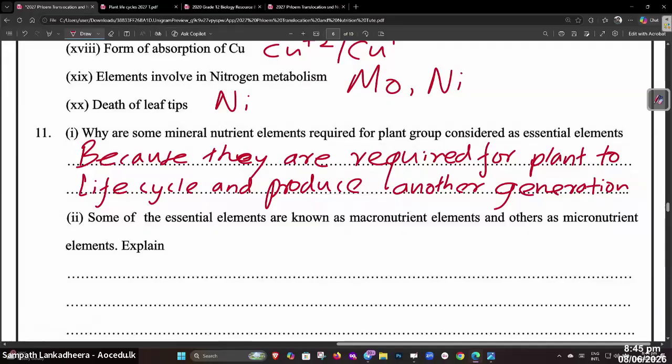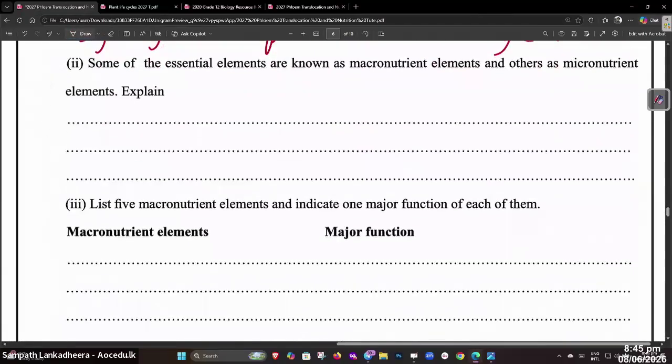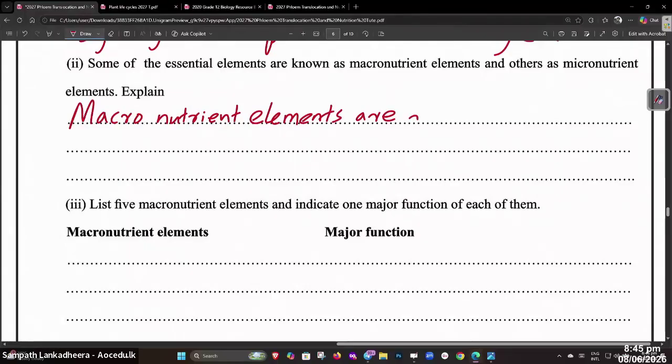Question number 2. Some of the essential elements are known as macronutrients and the others are micronutrients. Explain. Macronutrient elements are required in large amounts.